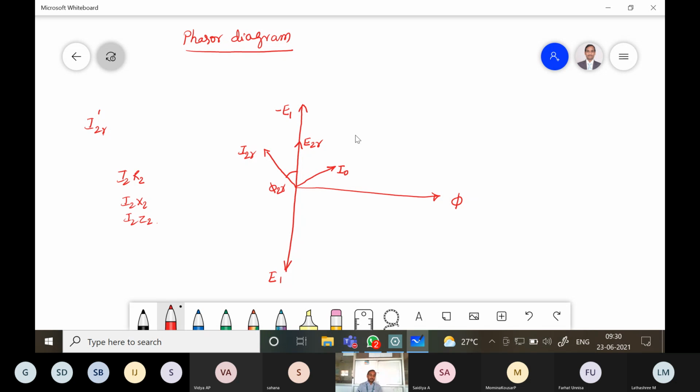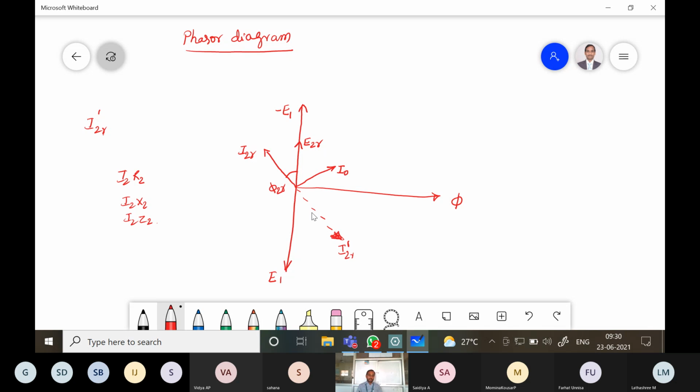Okay, so I will extend I2R in the opposite direction. So this is called I2R dash. I2R dash is equal in magnitude, only in the opposite direction.